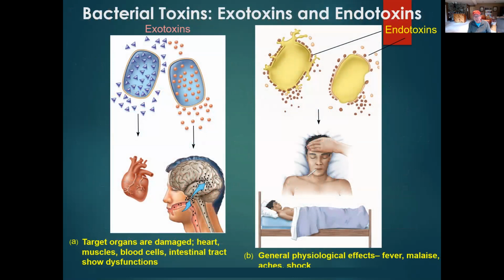So one thing that we kind of think about with regard to general systemic symptoms of somebody who's suffering from exotoxin versus endotoxin effect is the fact that exotoxins tend to have more targeted impacts on organs or organ systems. And this is denoted here on the left side. Where we have effect on specific organs like the heart or the hemolysins targeting the red cells, or causing cells to slough off the lining of the small intestine, right?